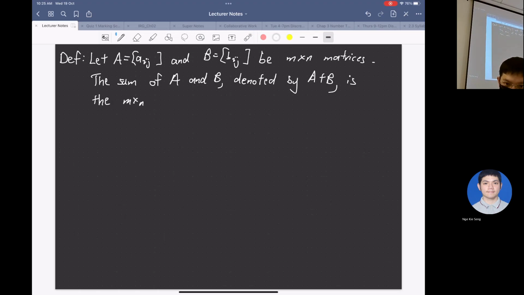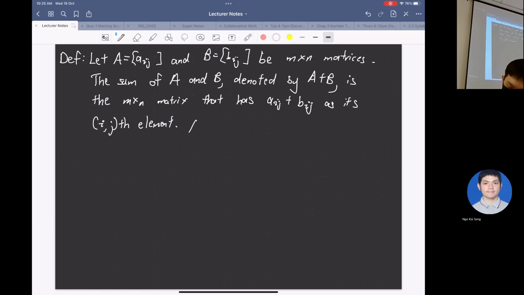The sum is the m by n matrix that has entries Aij plus Bij. So if you want to write out the notation, you get Aij plus Bij.